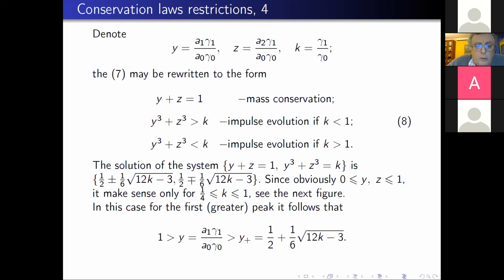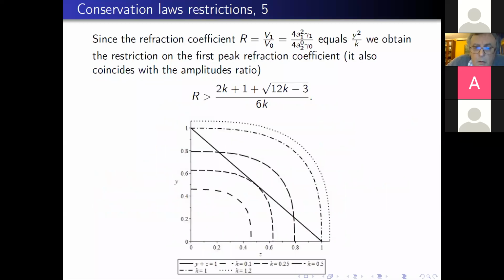This also may be illustrated by a simple graph. The straight line is the equation, and the other curves are graphs of inequalities for different parameters k.